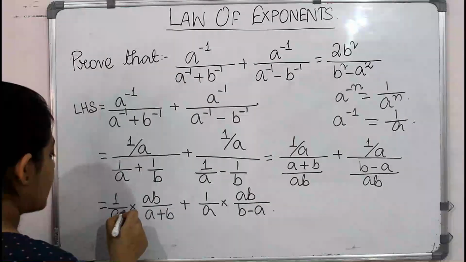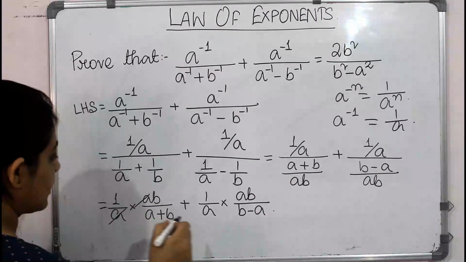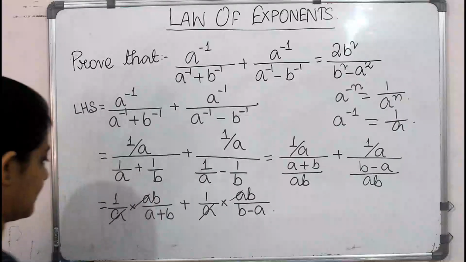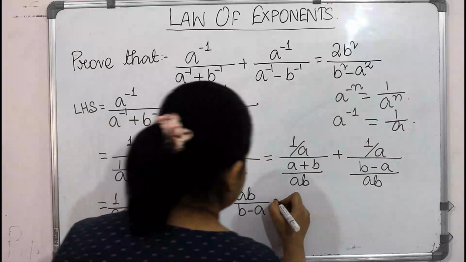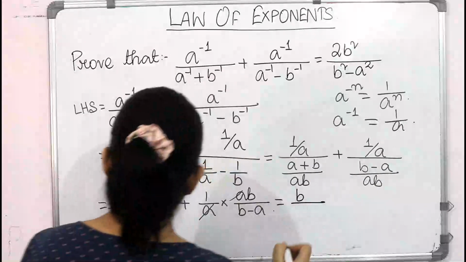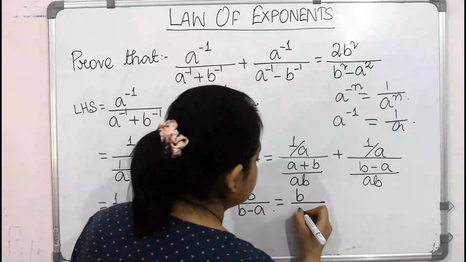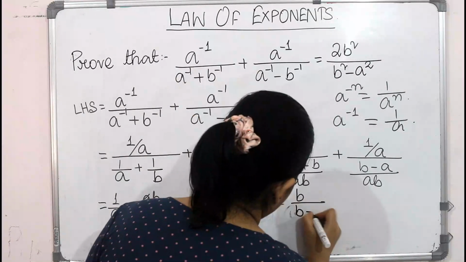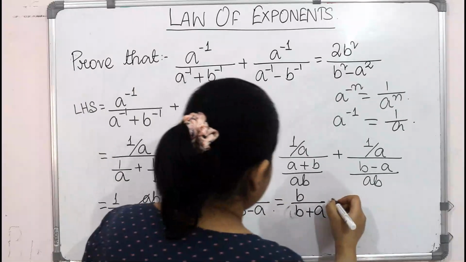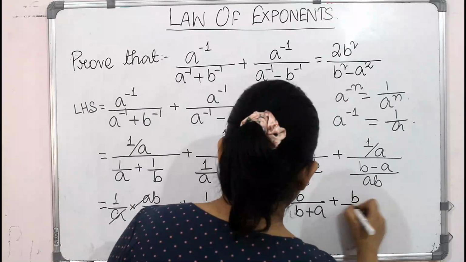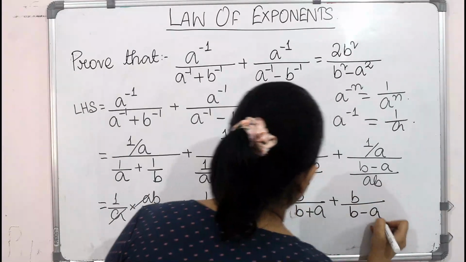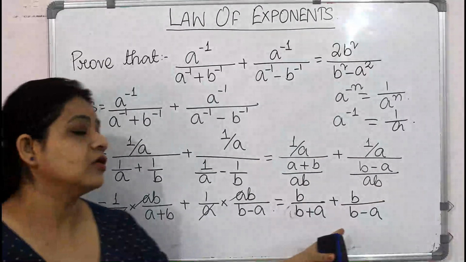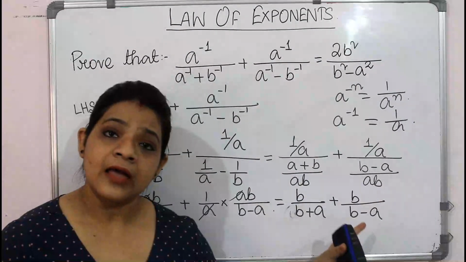So here I can cancel a, here also a cancels. So you are getting b divided by a plus b, which we can write as b plus a, same thing by commutative law, plus b divided by b minus a. Now here also you have to take the LCM.